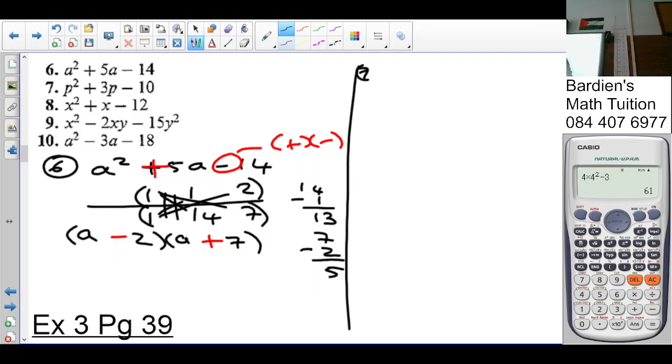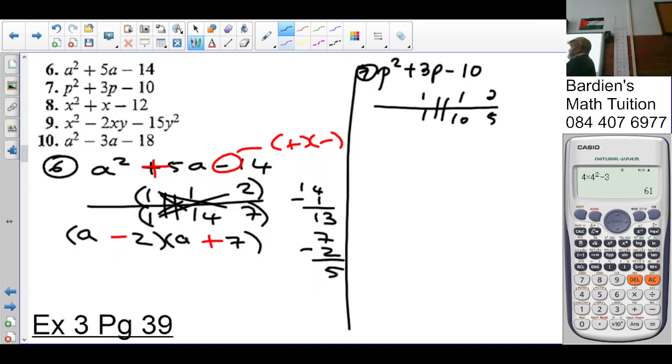Look at number 7. We got p squared plus 3p minus 10. What do I do here? Product line. So what goes on the line? 1 and 10, 2 and 5. Okay. So what do we do now? Do we add or subtract our products?